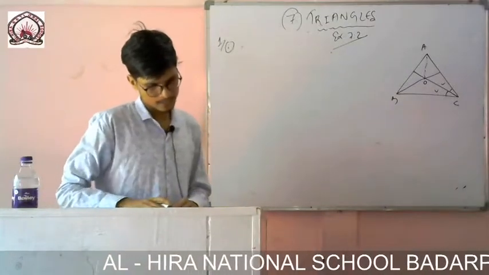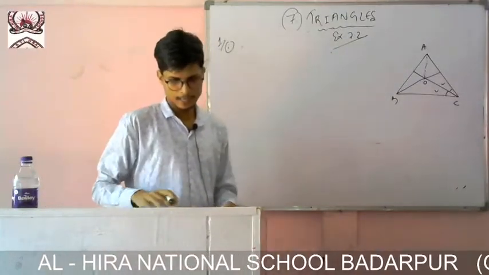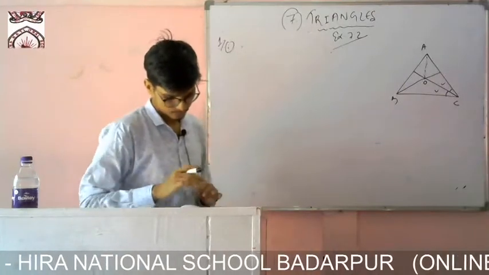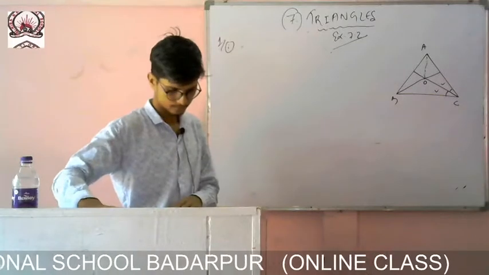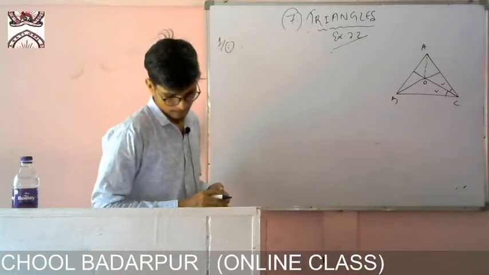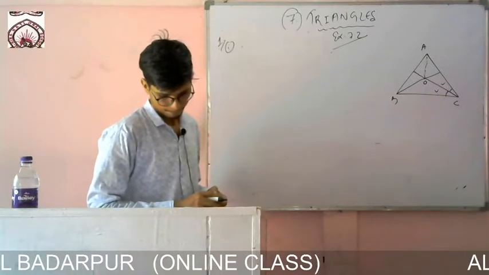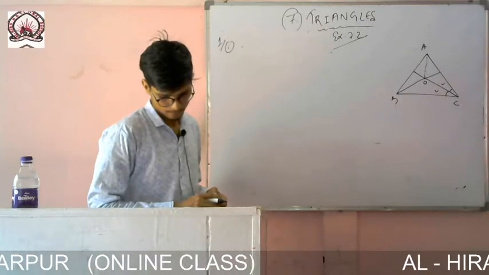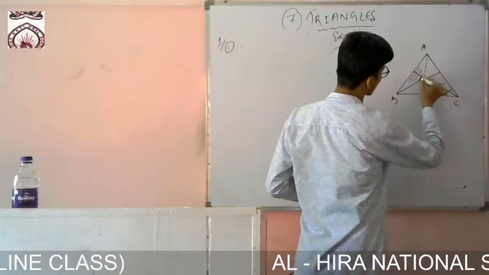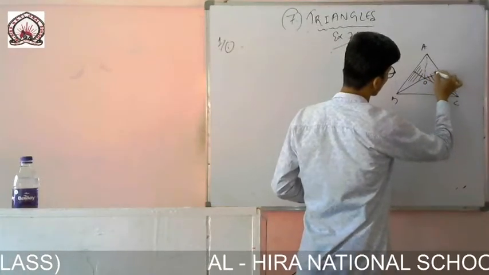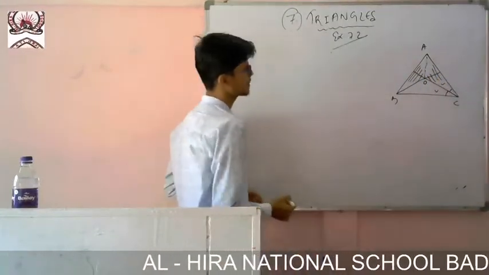It is given that AO bisects angle A. Let me take this whole triangle, this one and that one.